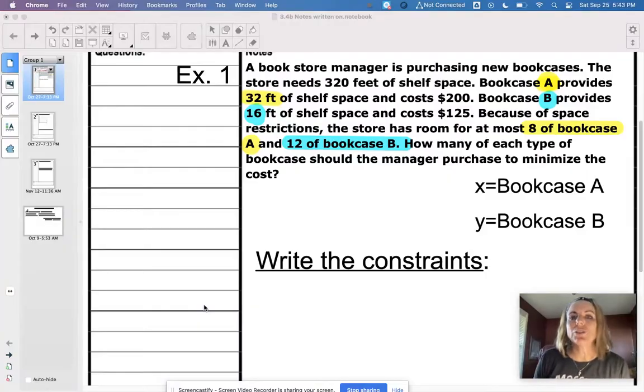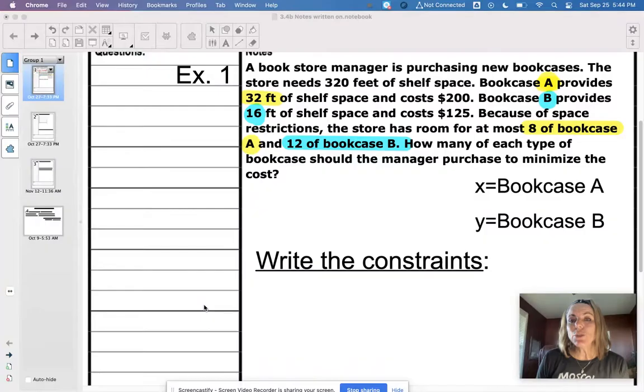A bookstore manager is purchasing new bookcases. The store needs 320 feet of shelf space. Bookcase A provides 32 feet of shelf space and costs $200. Bookcase B provides 16 feet of shelf space and costs $125.